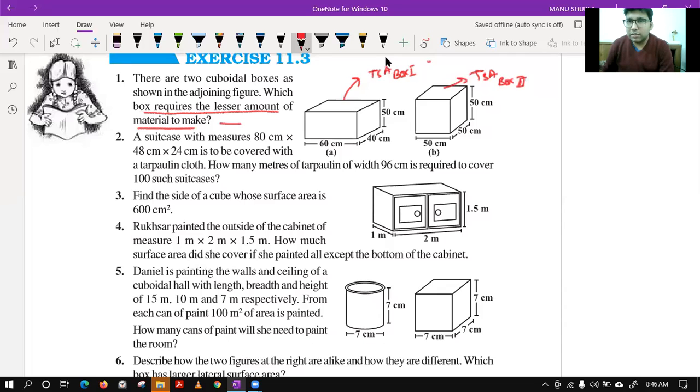Okay, twice (LB plus BH plus HL). So first find the TSA for box 1, then find for box 2, and then you will get the answer. Okay, and if you observe, box 1 is a cuboid and box 2 is a cube. Class, if you observe, box 1 is a cuboid and box 2 is a cube.